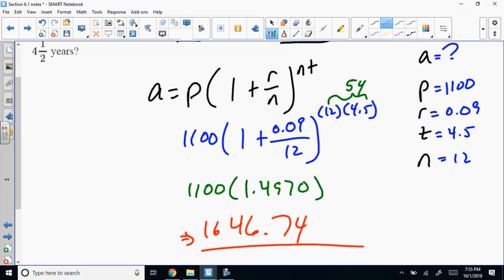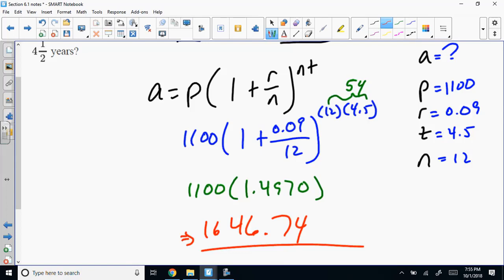The 74 cents. Did you do it like I did it? Are you sure? I don't believe you. You have to take the entire number that you get. Don't round. You take 0.09 divided by 12, enter. Now hit plus 1, enter, and it'll take that previous answer and add 1 to it, right?